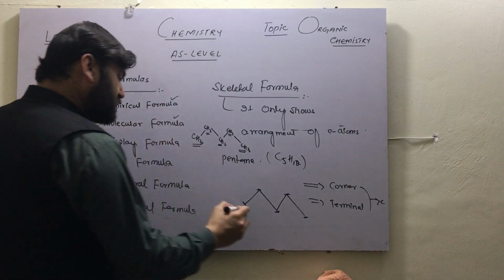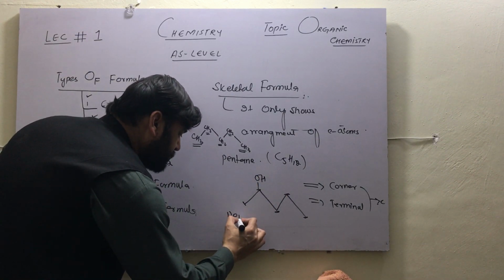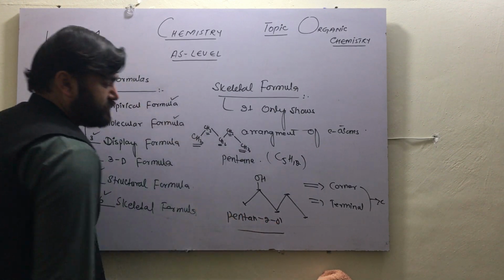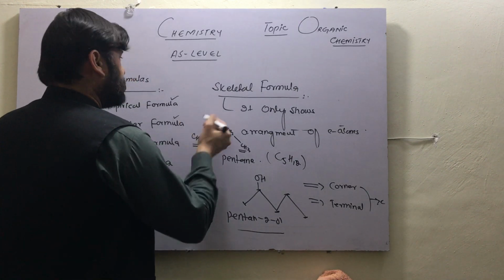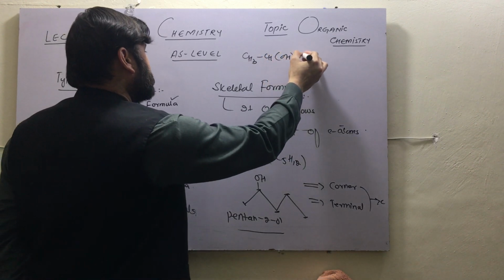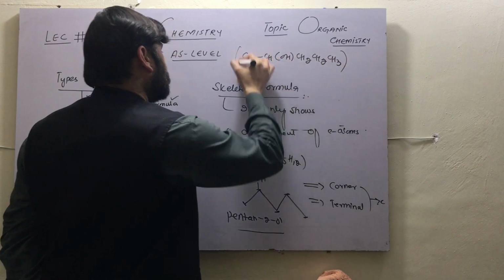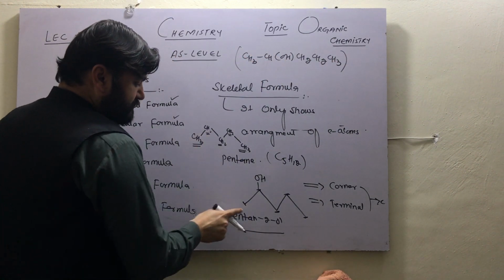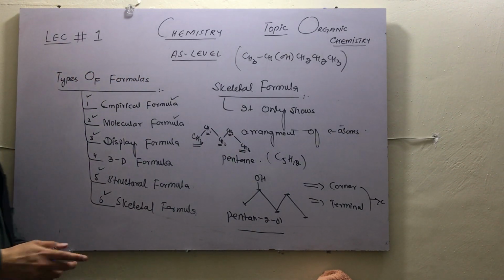But if I put one OH over here, then the name is pentan-2-ol. What will be the formula? The formula will be, let me write it here, CH3, CHOH, CH2, CH2 and CH3. This is the condensed formula, this is the structure formula and this is the skeletal formula. So this is the difference between all these formulas.